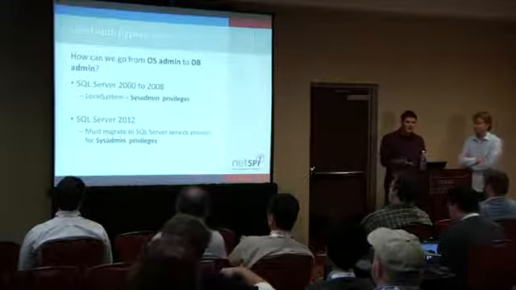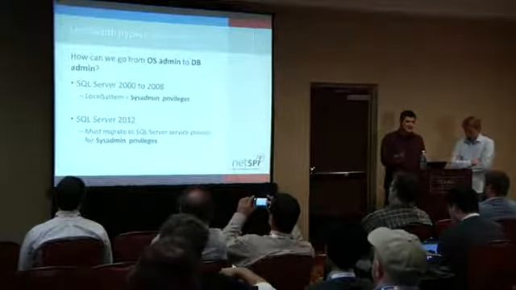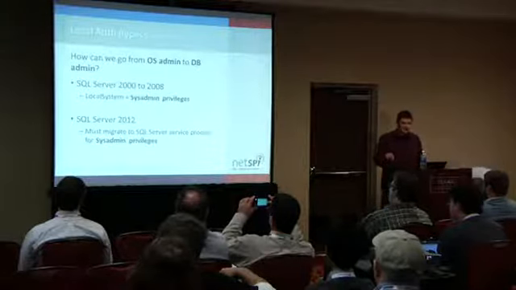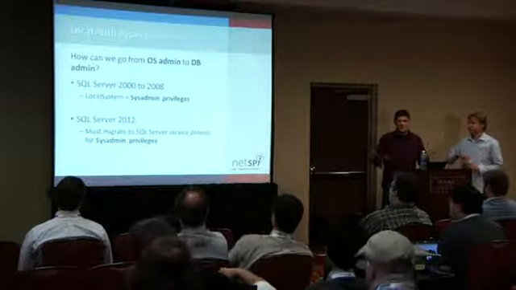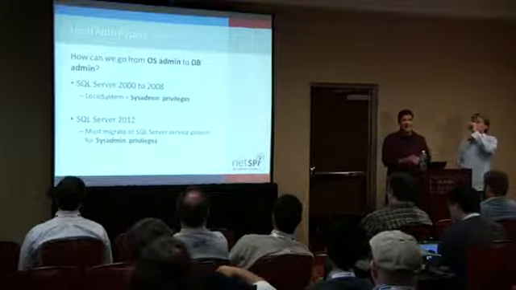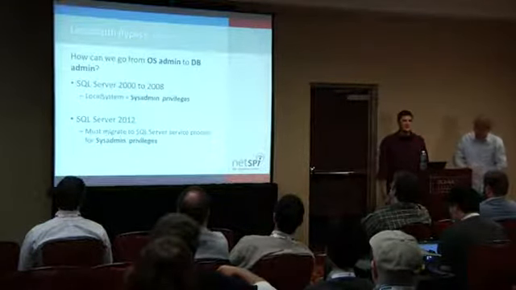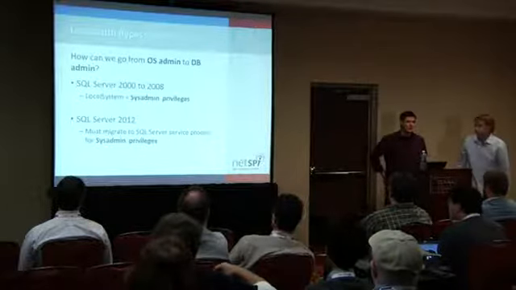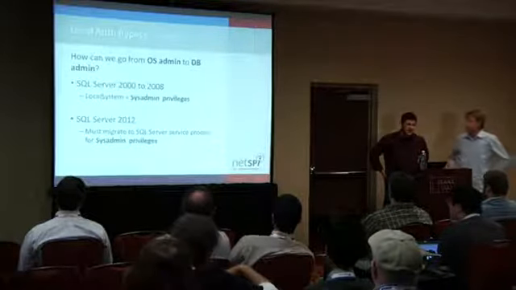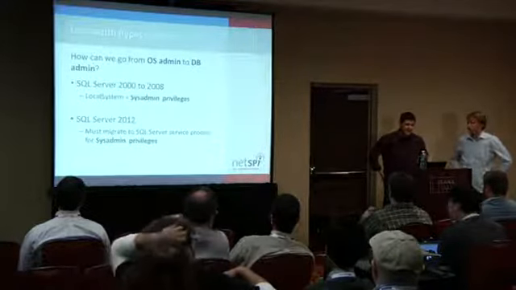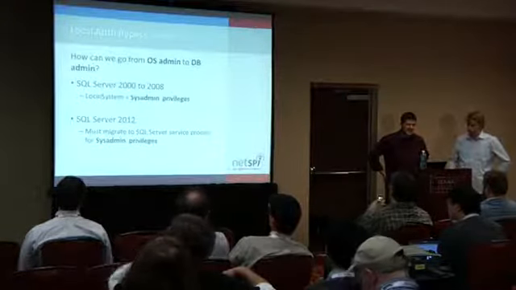So the problem with trying to fix this is that if you remove local system from the sysadmin fixed server role on the SQL Server, that means you probably won't be able to patch your SQL Server. So you either have this escalation path or you have missing patches. So there's no real perfect solution for fixing it, which is a bit of a bummer. And from an attacker's perspective, I guess it's a good thing, but it's just kind of a reality of the implementation.